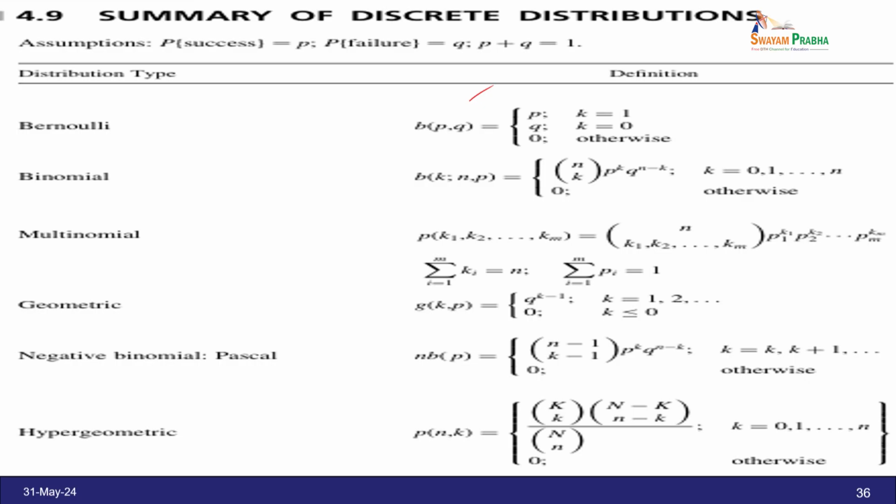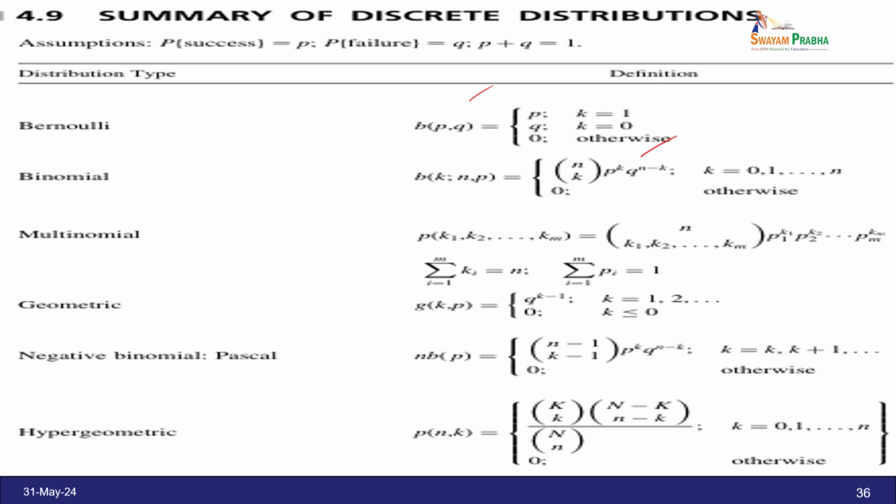In terms of the function, it is P when k equals 1, and Q when k equals 0. For the binomial, B of k comma n comma P is nCk, P power k into Q power n minus k, where k equals 0 to n, otherwise 0.